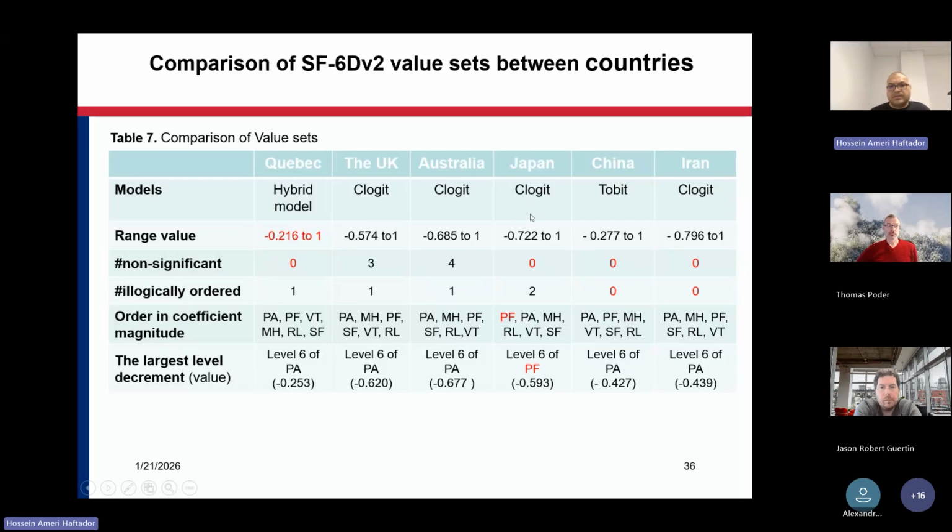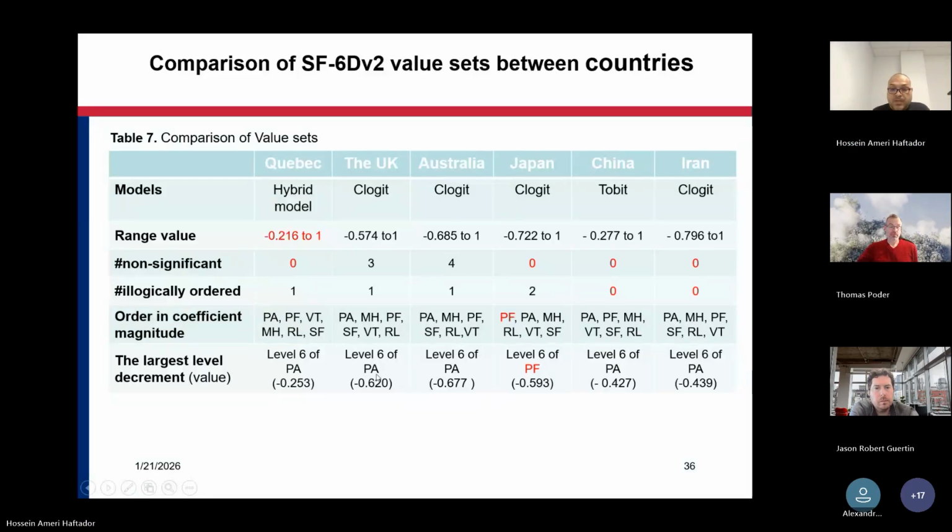For other countries, the conditional logit model was the best model. The range of values is narrower for Quebec compared to other countries. The number of non-significant is 0 for several studies: Quebec, Japan, China, Iran. The number of illogical orders is 0 for China and Iran, which is good.